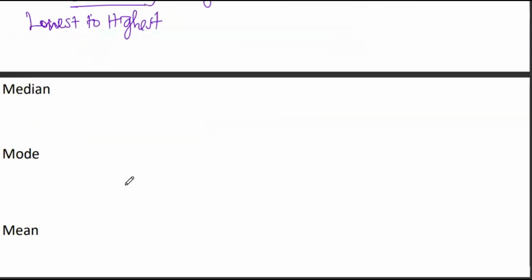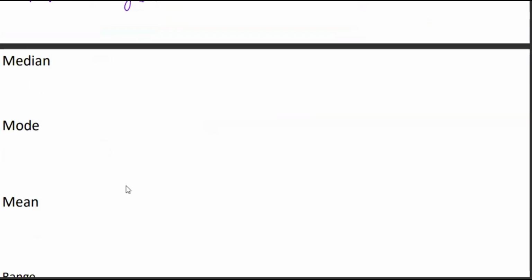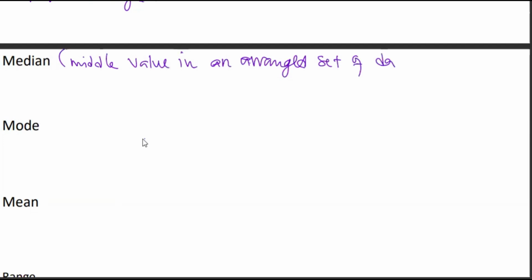Okay, the other one is what we call the central measures of tendency. We start with median. Median, we know it's not the easiest, but it's okay. The middle value in an arranged set of data.